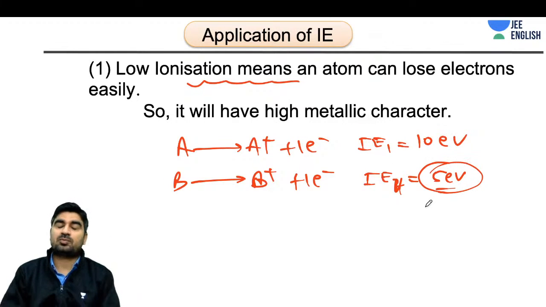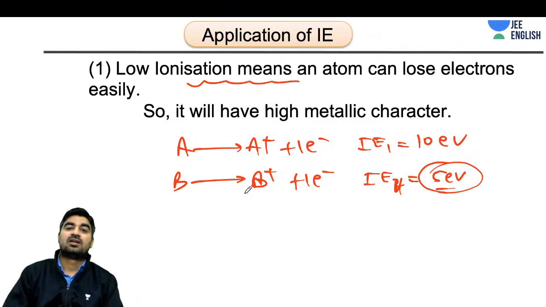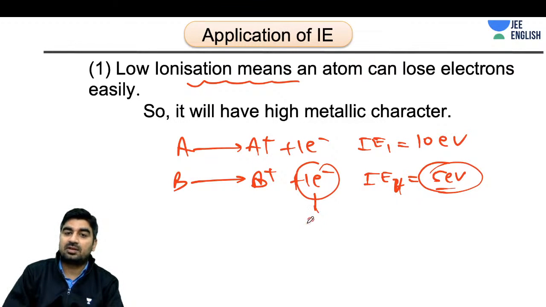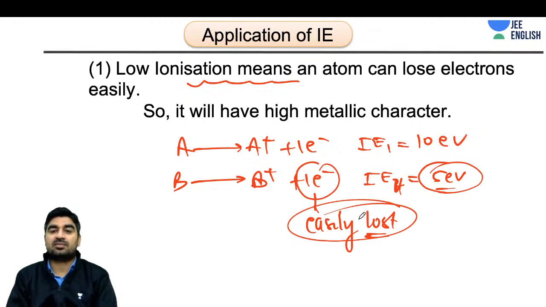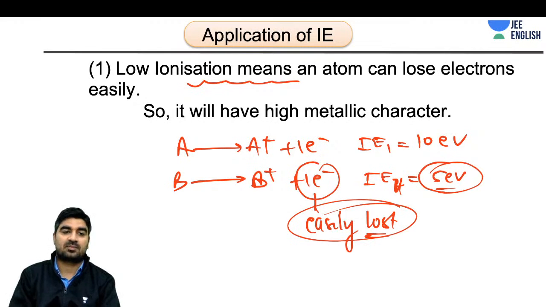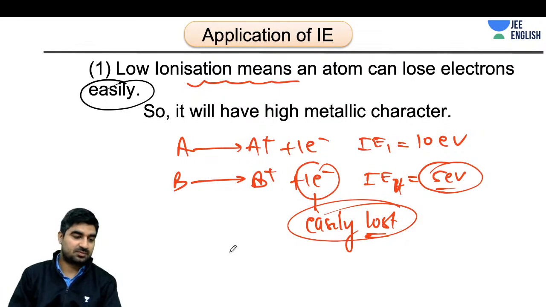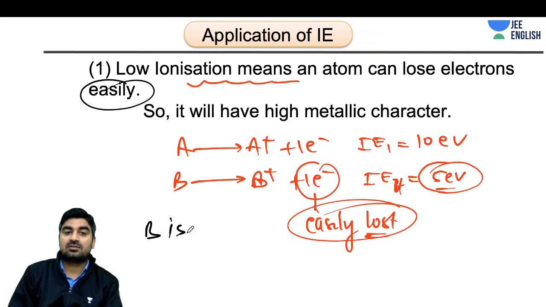So here B has the low ionization energy, and I can say this electron can be easily lost. What does it mean? Tell me. Low ionization energy means the electron can be easily lost. It means B is more metallic.